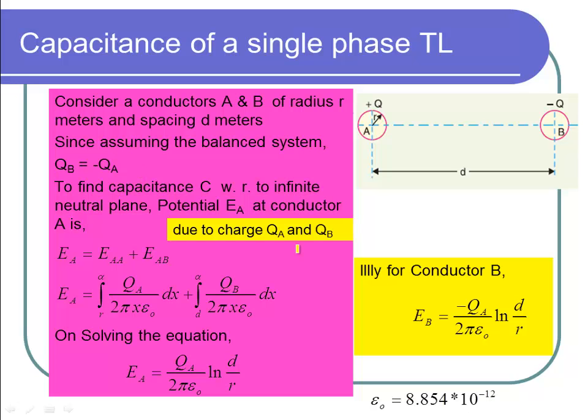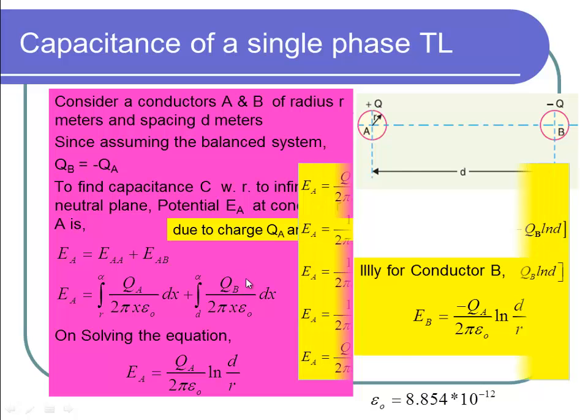So to find capacitance with respect to the infinite neutral plane, the potential EA at conductor A is EAA plus EAB. Again, I need not explain EAA and EAB. This is because of charges QA and QB, and if we write the equation, the limits are from r to infinity because of charge QA, and d to infinity because of charge QB.